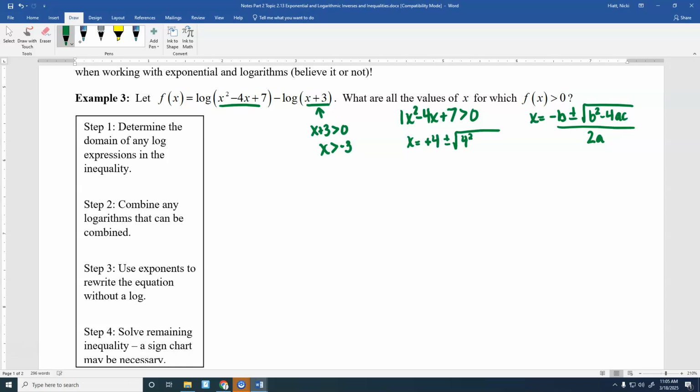Technically, it's a negative 4 squared, but when you square negative 4, you get a positive number. I usually just leave it off because sometimes you'll type it into the calculator wrong. And we got minus 4 times 1 times 7.